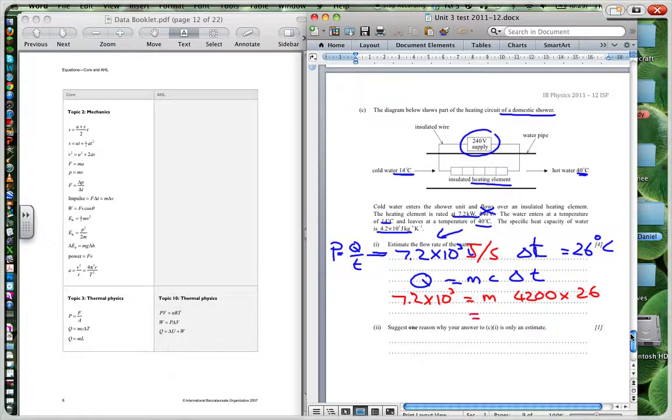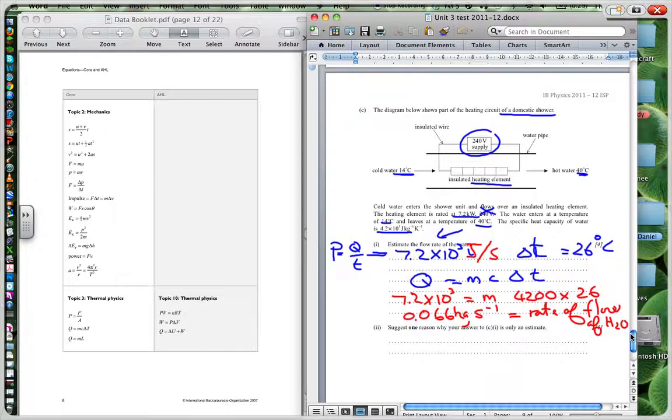And when I work this out, I am going to get 0.066 kilograms. And that is per second, because the 7,200 joules is per second. So it's kg s to the negative 1 that gives me my rate of flow of water, of H2O.